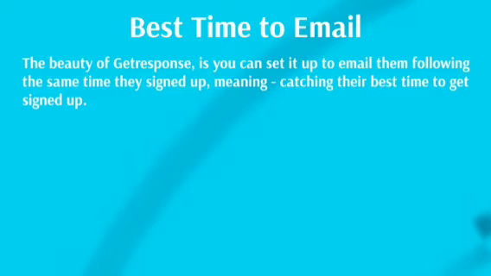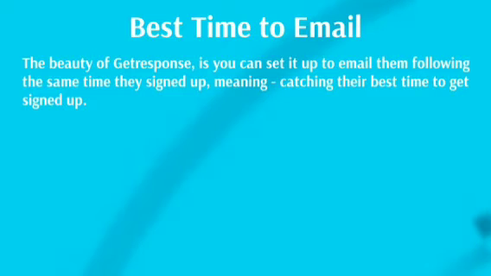You can set it up so that they receive an email every day, every other day, or once a day, and then you skip 2 days, and then you go 3 days. Or you can even set it up so that you only email them during Monday through Friday, and you skip Sunday and Saturday. Now, the only time that you would want to do that is, let's say, for example, that you're a local business, or you know that your audience is not going to be available during Saturday and Sunday.